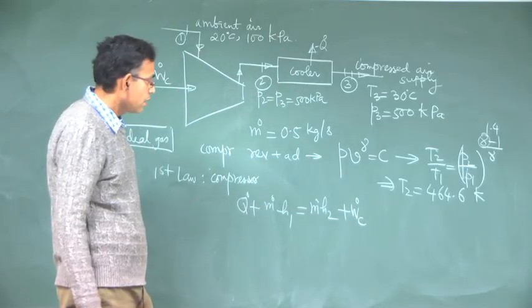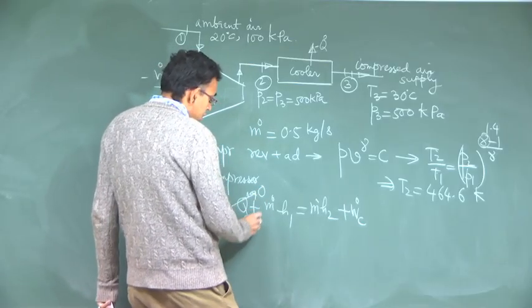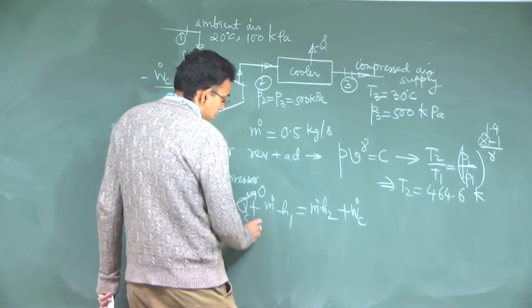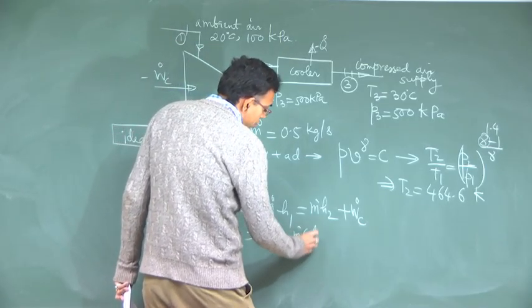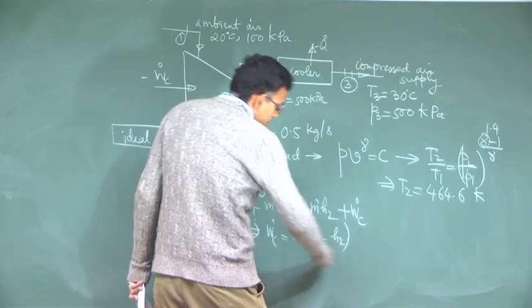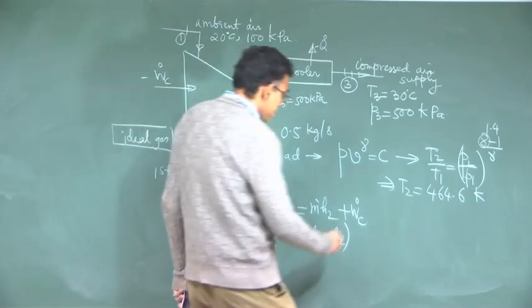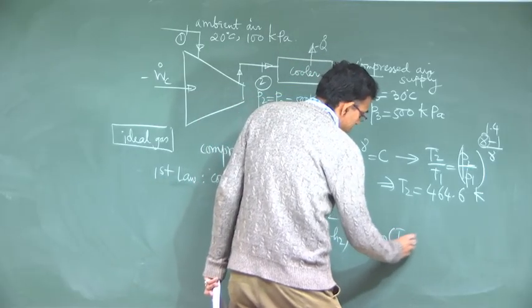Heat transfer is 0, let us call it Q dot C for compressor. So, W dot C is m dot into H1 minus H2. You can approximate it as m dot Cp into T1 minus T2.